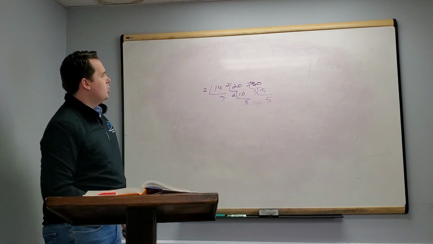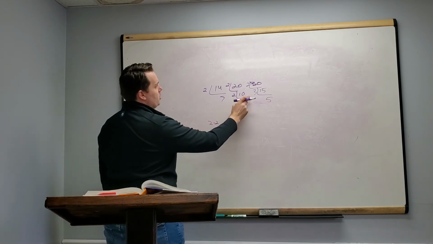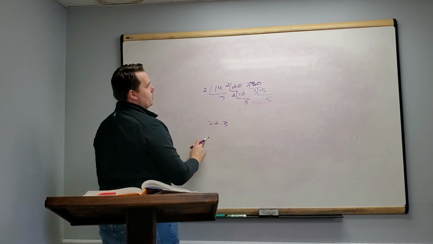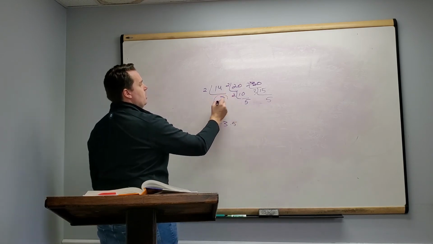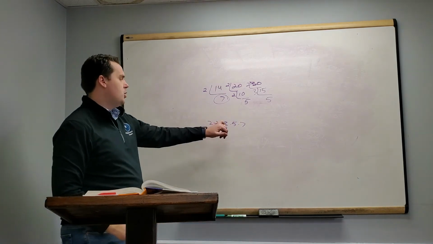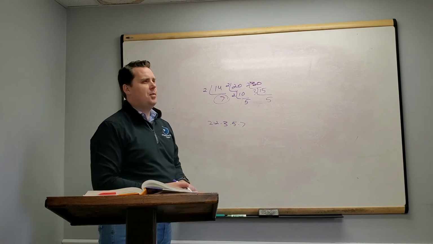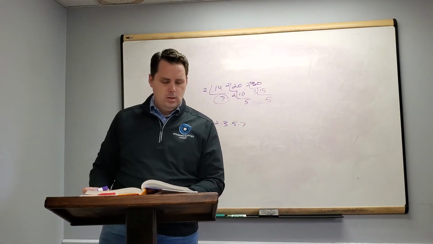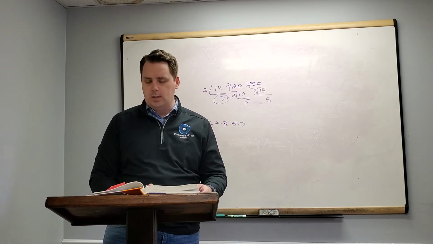Now, the most times 2 was used was twice. The most times 3 was used was 1 time. The most times 5 was used was 1 time. And I also have a 7. 2 times 2 is 4, times 3 is 12, 12 times 5 is 60, and 60 times 7 is 420. So practice A of lesson 43 should have been 420.